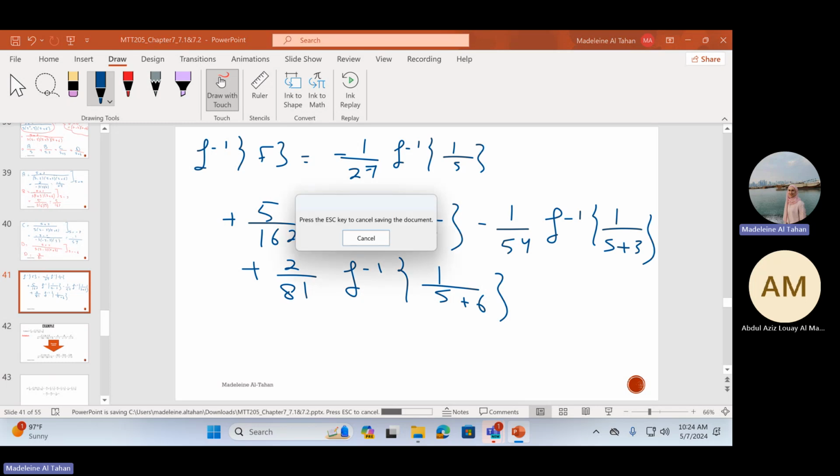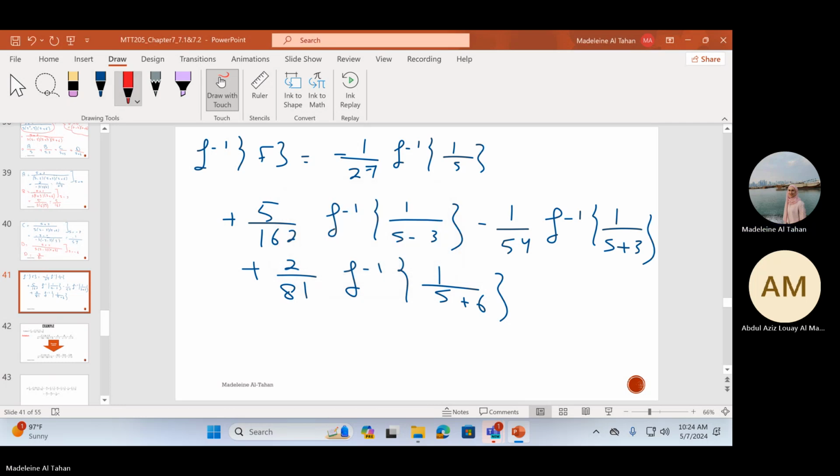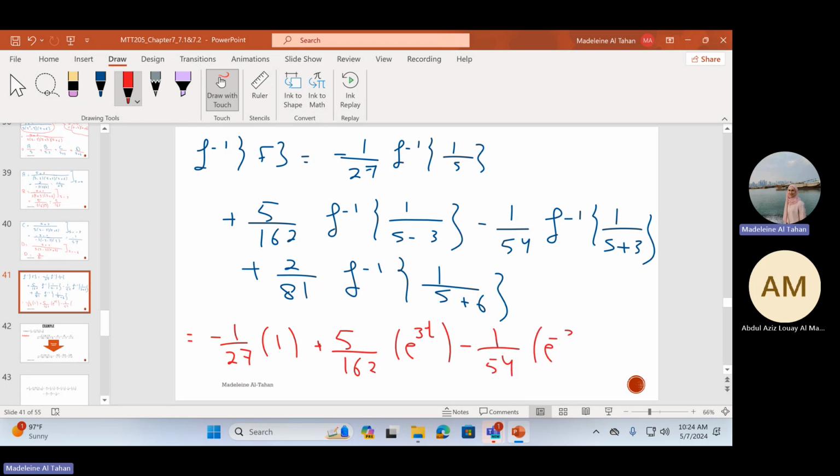Now, each of these, do we know the Laplace inverse of each of them? 1 over s, Laplace inverse of what? 1. So negative 1 over 27 times 1. 5 over 162, 1 over s minus 3 becomes e to the power 3t, right? And 1 over s plus 3 becomes e to the power negative 3t.